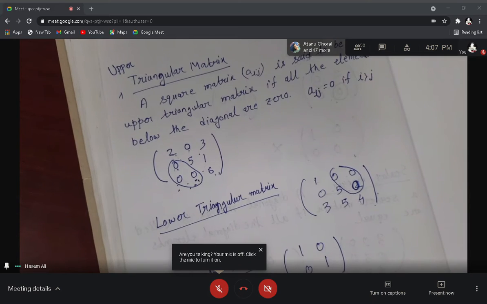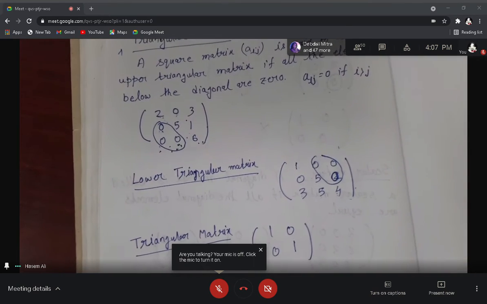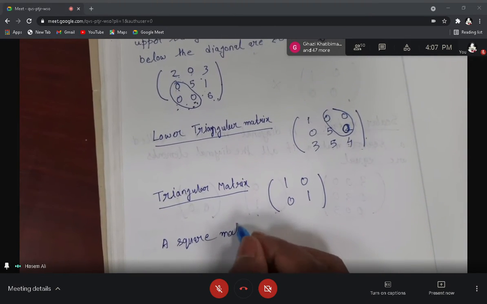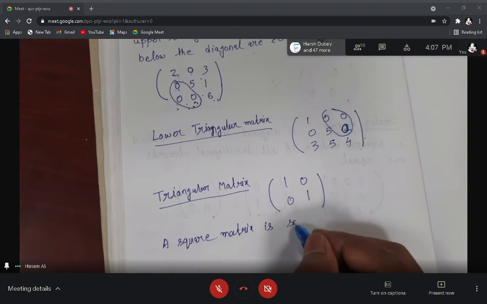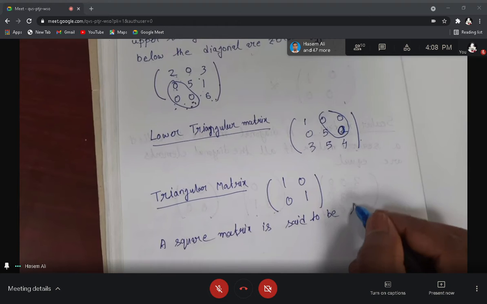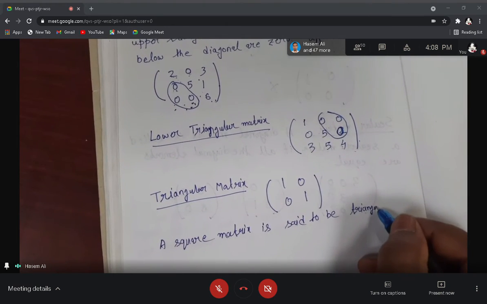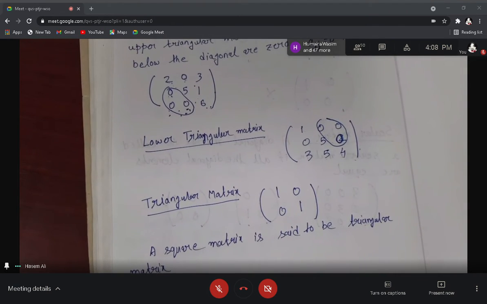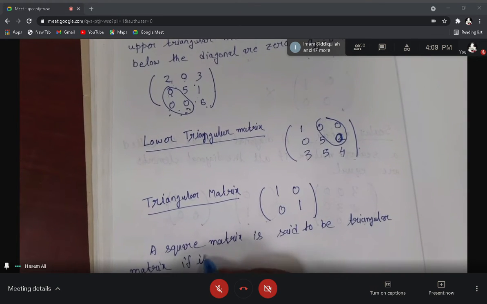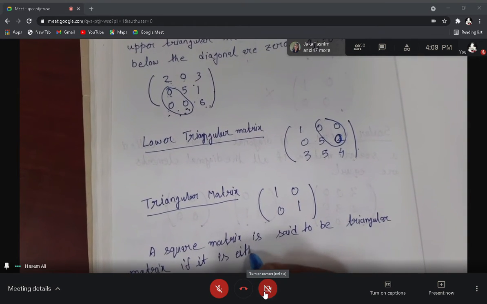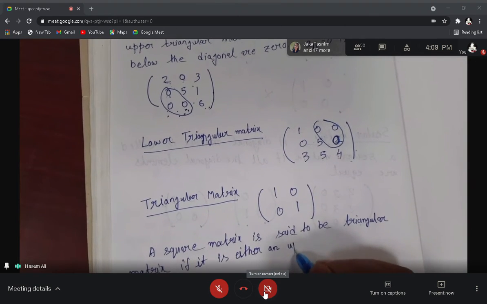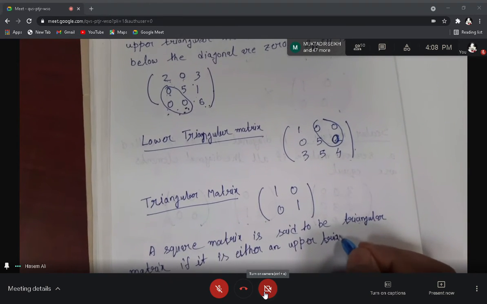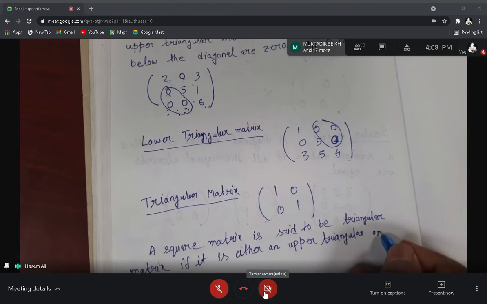The definition: a square matrix is said to be a triangular matrix if it is either an upper triangular matrix or a lower triangular matrix, not and.